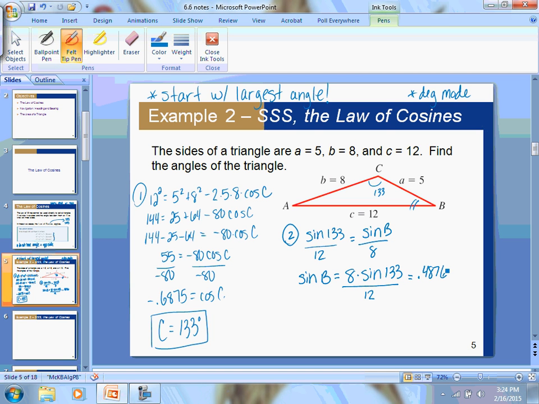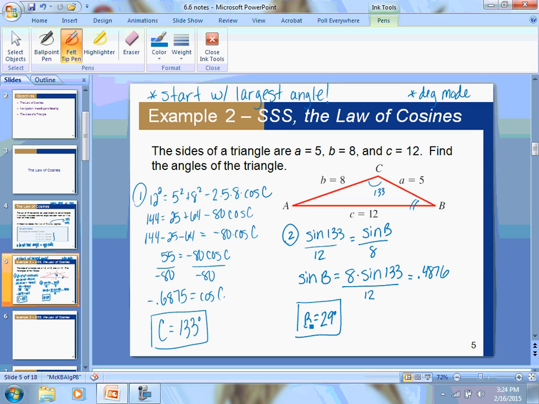And then when I do inverse sine of that value, B should be 29 degrees. And you can round to the nearest whole degree for these. Pay attention to what your book says. Your book might want you to round it to tenths or hundredths. So pay attention in the directions, but if you want to round it to nearest angle, that's fine.